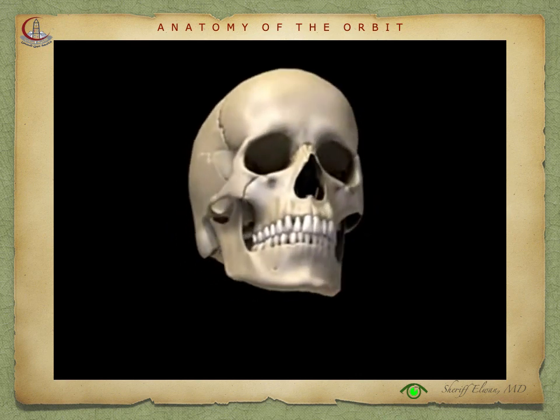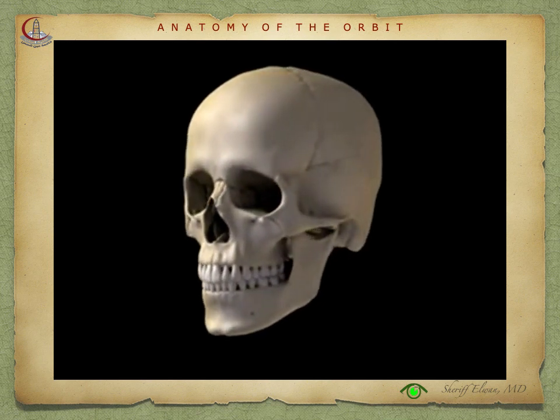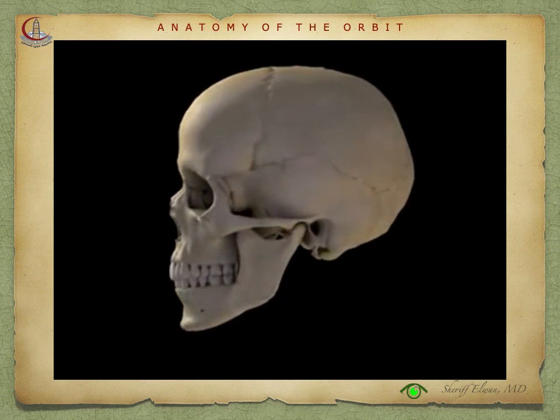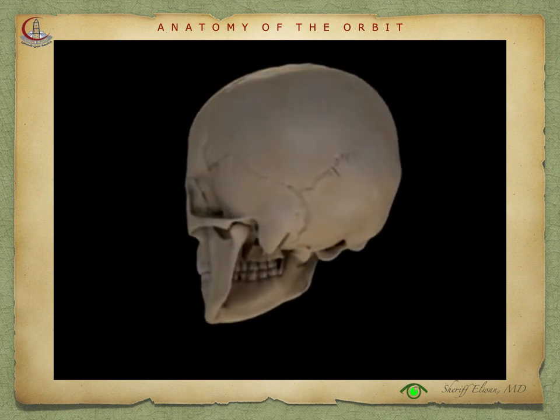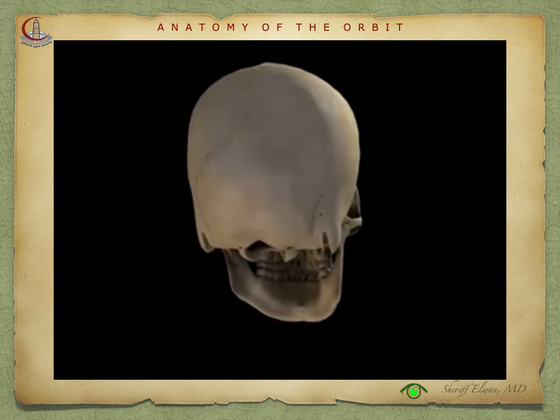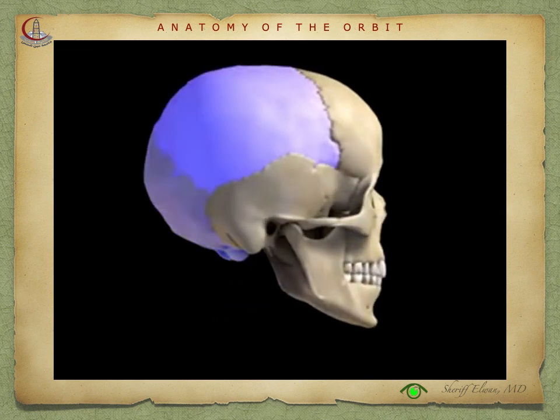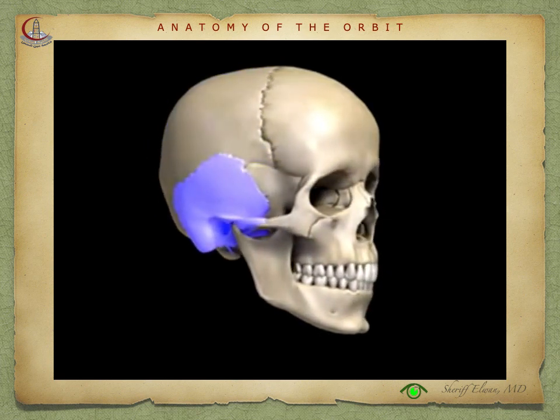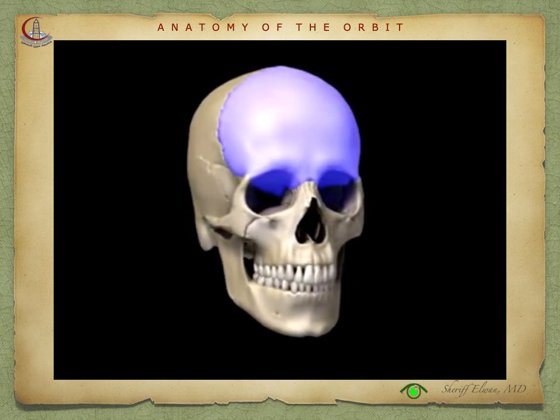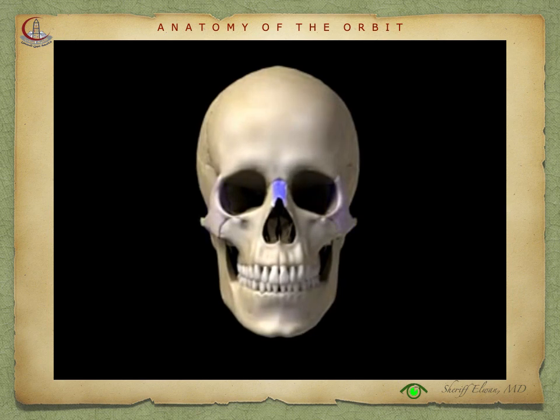The bones in this way protect the brain and the vital organs, sensory organs, and the skull externally is formed of the occipital, the parietal, the temporal, the frontal, the zygomatic, the lacrimal, the maxilla, and the mandible.